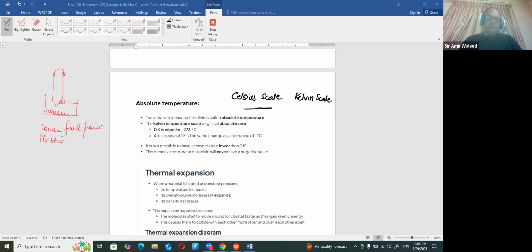Now, what is important about the melting point? It is a temperature at which a solid changes to the liquid state without changing the temperature.